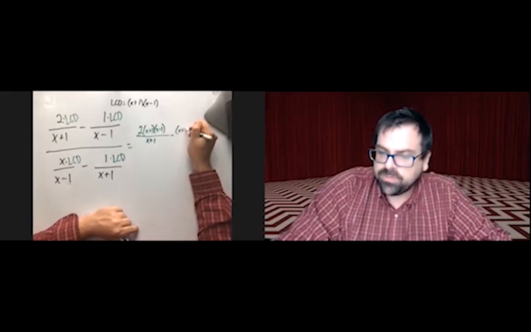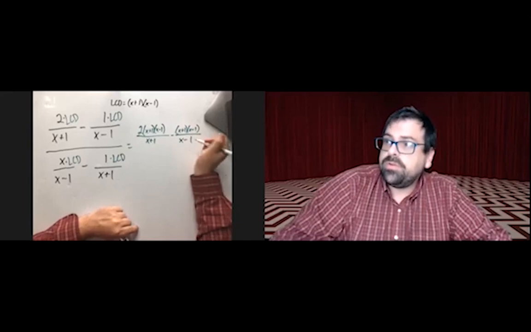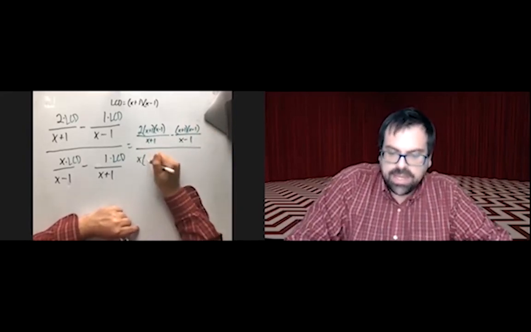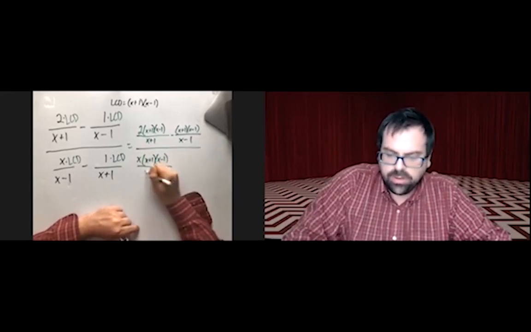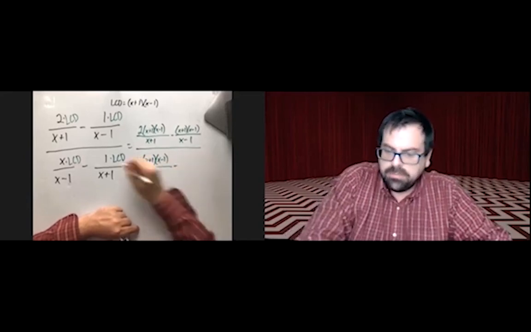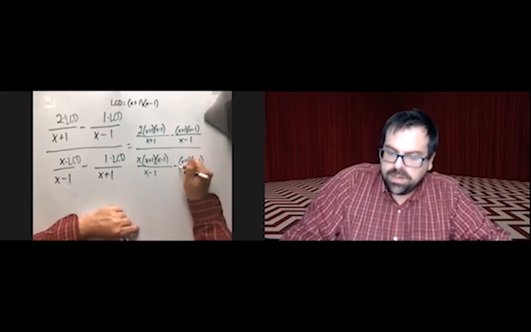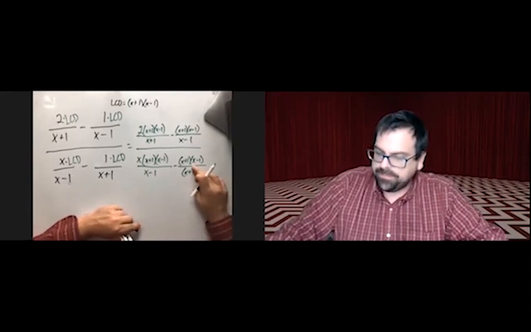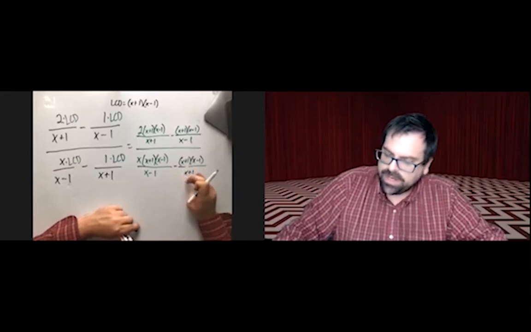So minus x plus 1 times x minus 1 over x minus 1, all over x times x plus 1 times x minus 1 over x minus 1, minus x plus 1 x minus 1 over x plus 1. Parentheses not required down there. It is the whole bottom.